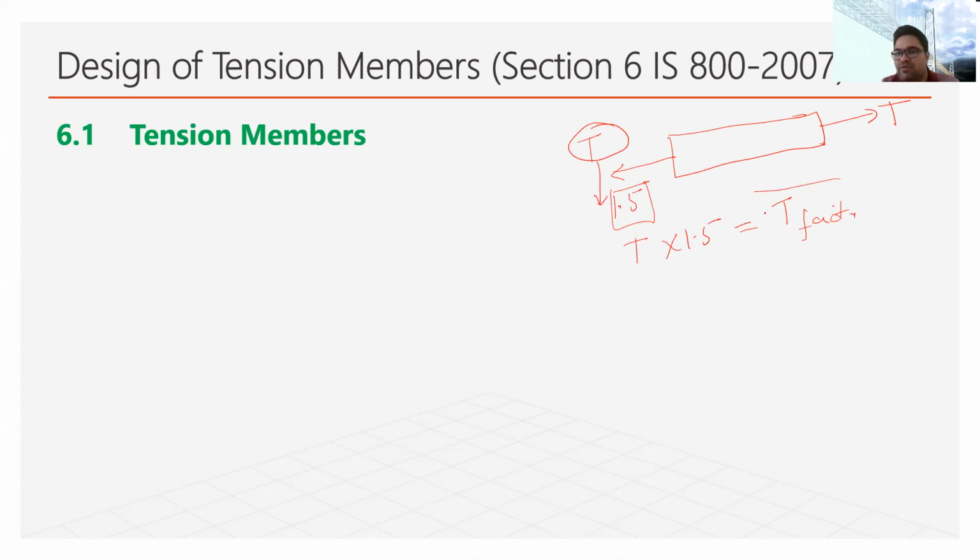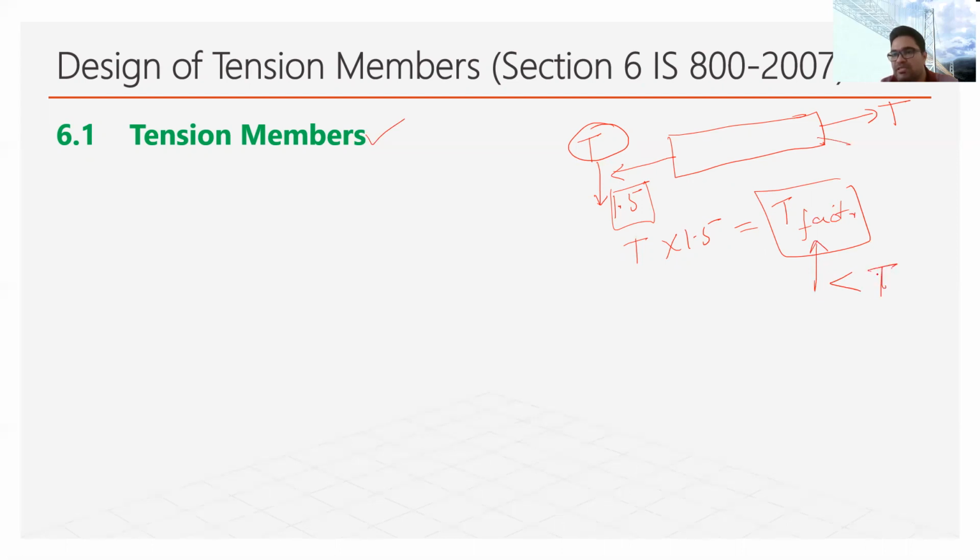So this factored tension load is what we assume will be applied to the member. Now as per Section 6.1, the IS code says that this factored tension T will always be less than the strength of this section.